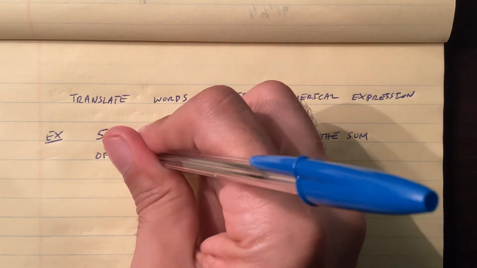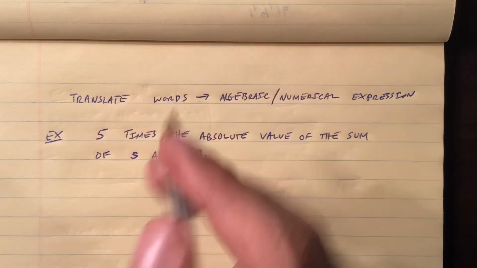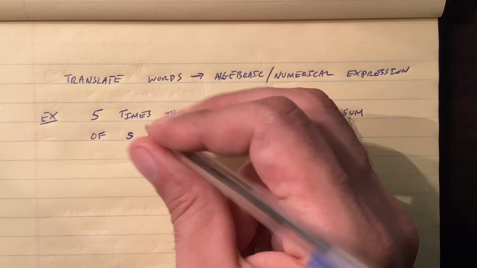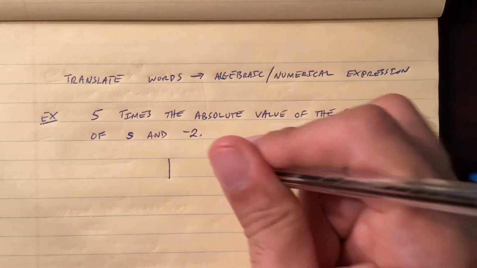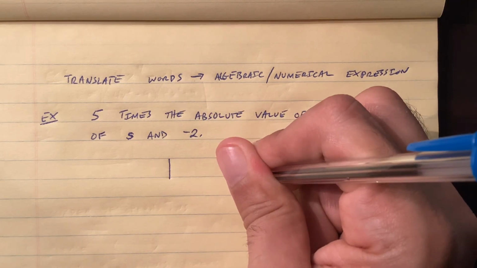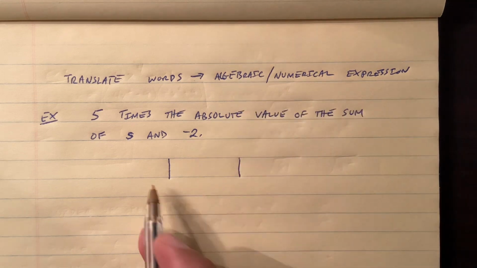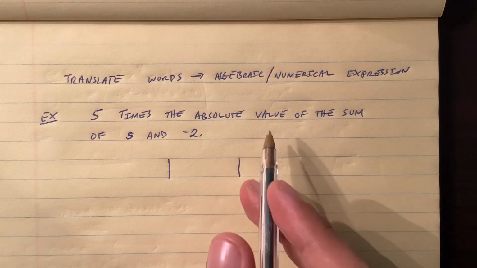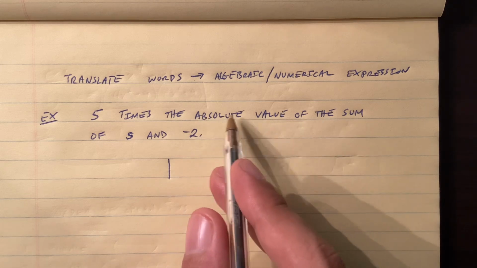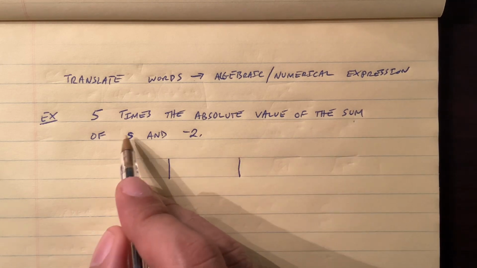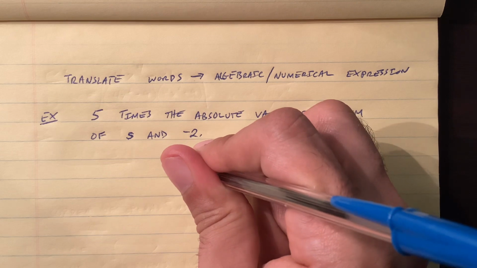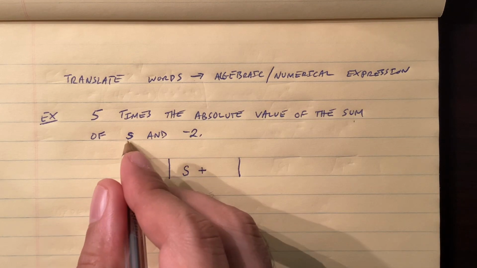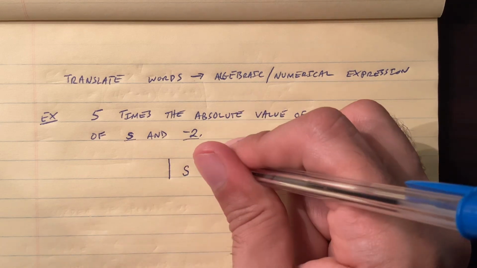All right, so let's see what we have here. 5 times the absolute value. The absolute value notation we saw in, I believe, our 3rd or 4th video. These vertical lines just mean the distance from 0. And we're taking the absolute value of what? The sum of s and -2. The sum means we're adding, and these are the two terms that we're adding, s and -2.